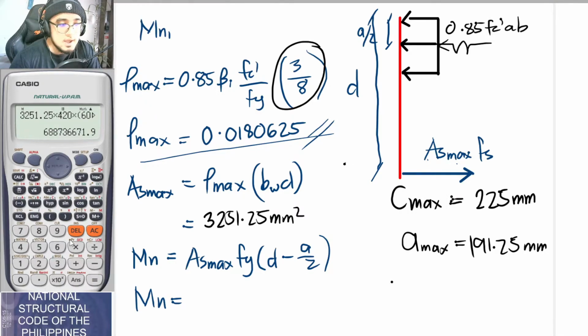Our answer here is 688736671. If we would be converting this into kilonewton meter, we would be multiplying this by 10 raised to negative 6, because that answer is in terms of Newton millimeters. So Newton millimeters, I would just be writing it here.